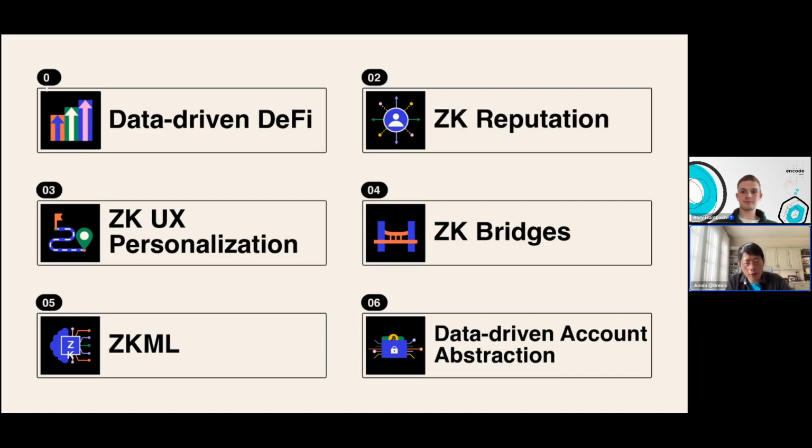Now think about that. Before, be it DeFi or all the other DID or AA solutions, the on-chain smart contract has always been limited by what data is available to your smart contract when it gets executed.